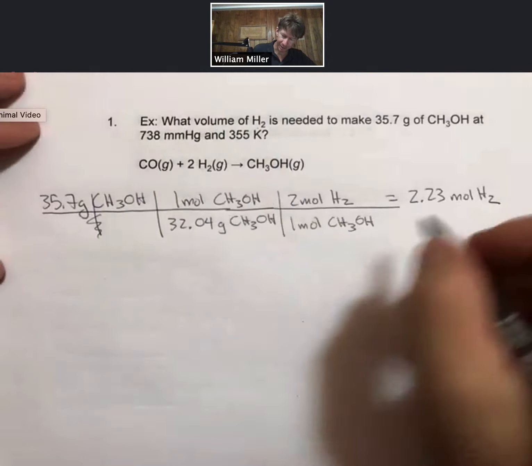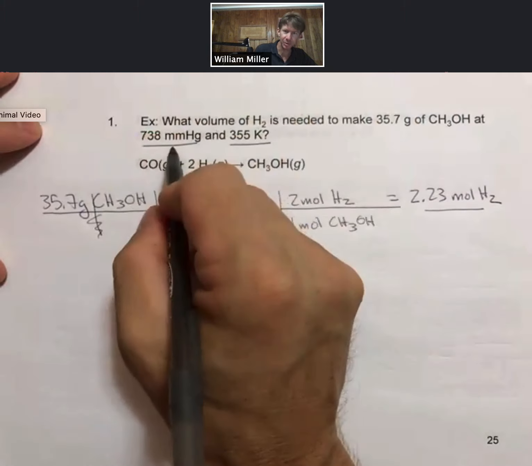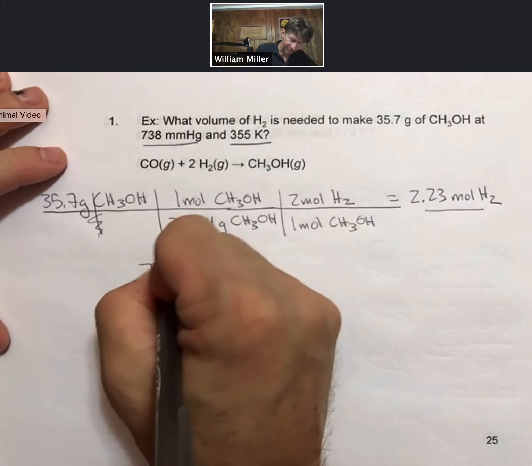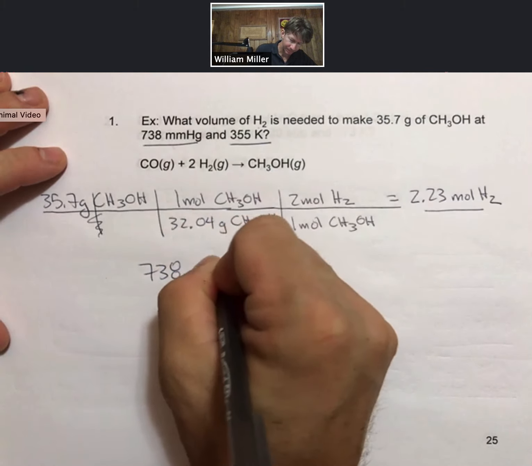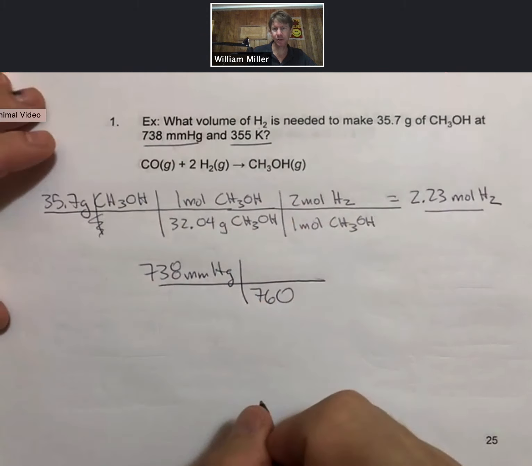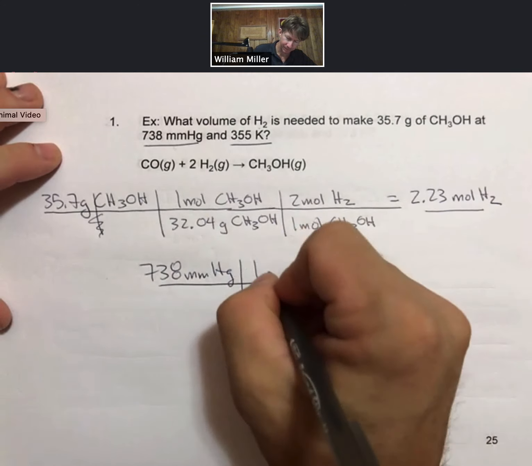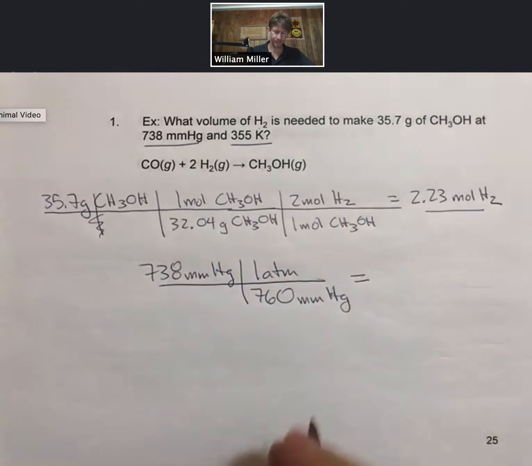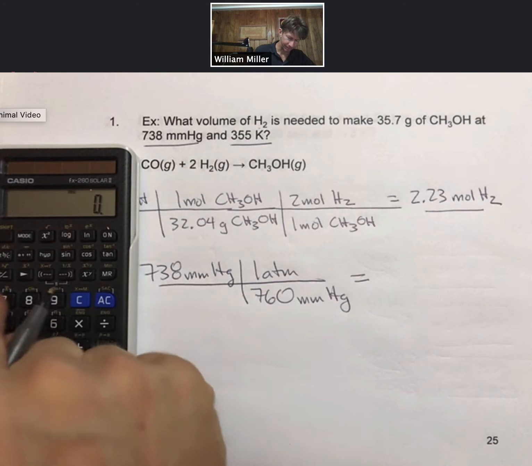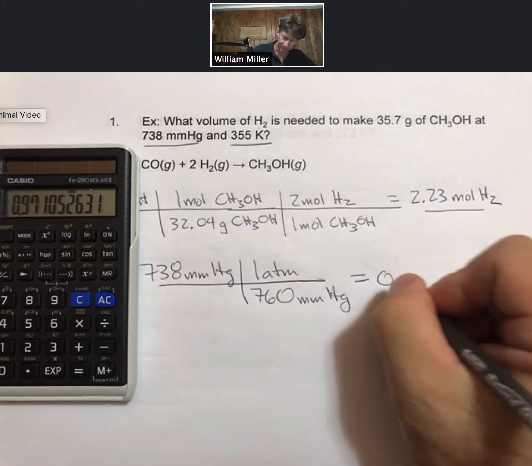Then I have moles, I have temperature, and I have pressure. I have some unit conversion to do here. Let's do that first. There are 760 millimeters of mercury in 1 atmosphere, so the pressure is 0.971 atmospheres.